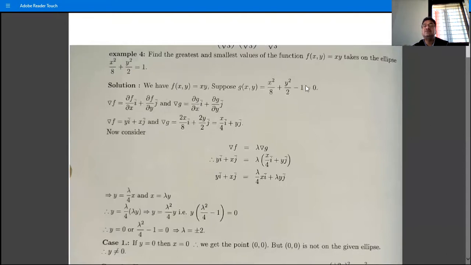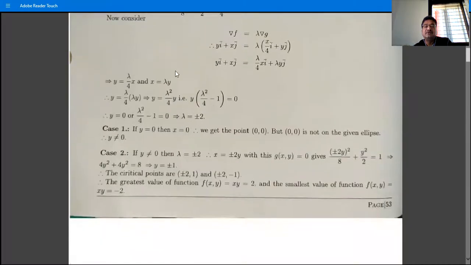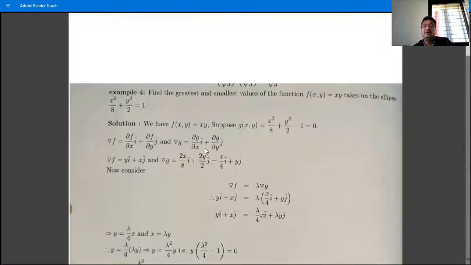Find the greatest and smallest value of the function f(x, y) is equal to xy on the ellipse. The condition is given and the function is a two variable function. So apply Lagrange's method of undetermined coefficients, that is, construct the auxiliary function. This condition is denoted by phi(x, y), and this is small f, x into y.